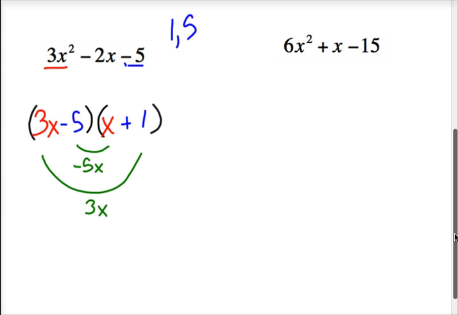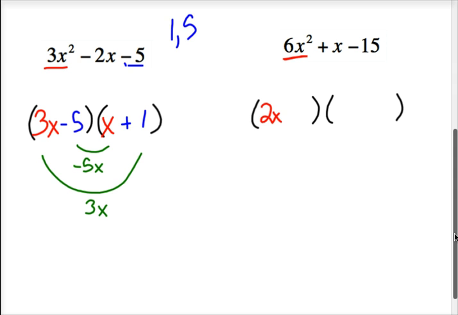All right, our last example. So I go to set up my structure. Now, something you may notice, this time 6x squared. This time there are actually multiple ways we can do this, okay?